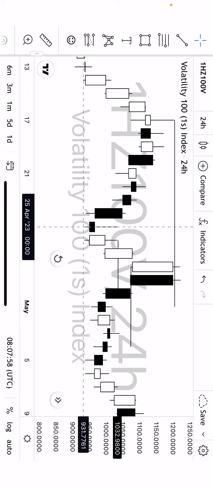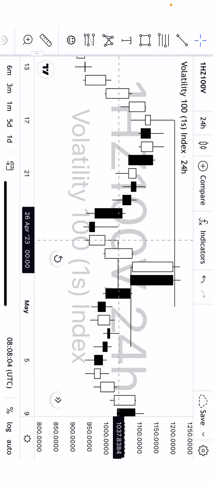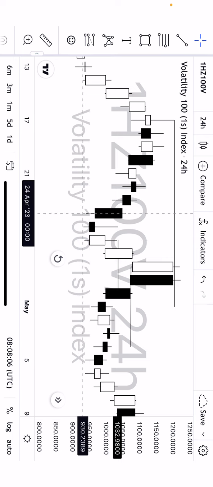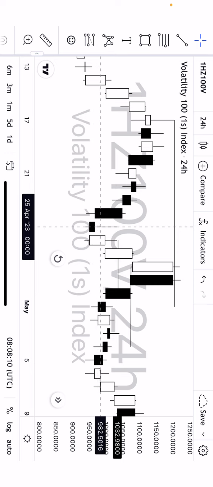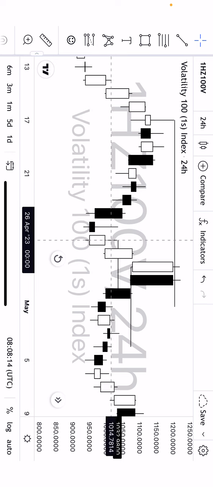This black candle wick took out the previous wick. Now this white candle did not take out the black candle wick. Assuming this took out the black candle wick, this is the candle I'm going to be marking out instead of that black one.